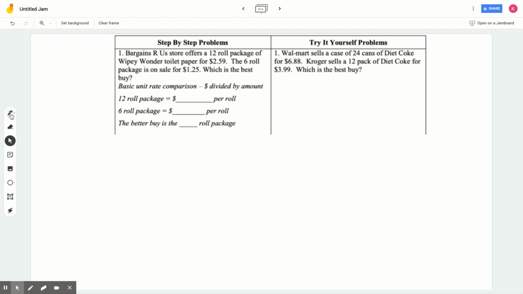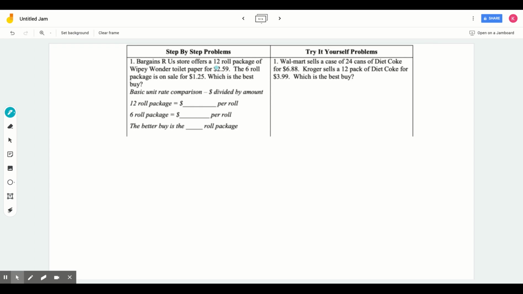So we are going to start by dividing the first amount, $2.59, by the number of rolls per package. So right now you should work on dividing $2.59 by 12. Once you complete that, you can start the second number, which is $1.25 for every 6 rolls.